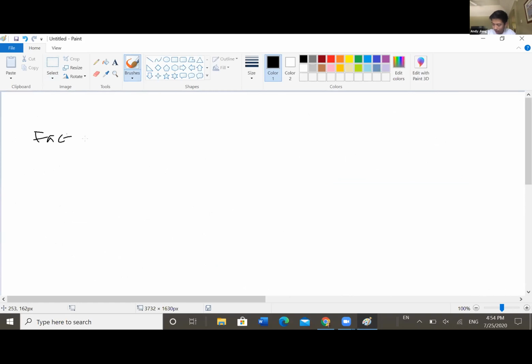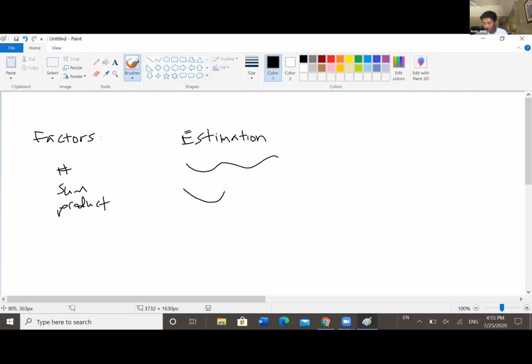So everything about factors, the number of them, the sum of them, product of them. We'll also be talking about estimation, and then other random things you'll find in number sense tests.